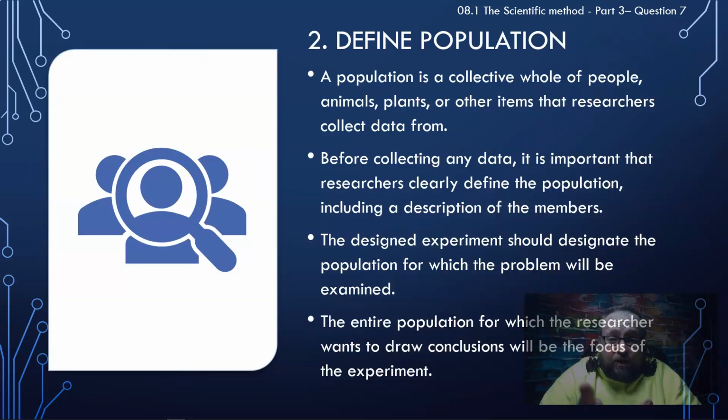And that's what comes to this next step too, define the population. As part of that background research, you want to be looking into what is the population that you really care about. And remember here, population is a collective, not just of people, unless people are your subjects, then yeah, but it could be animals, plants, items, stones, whatever is the key thing you're actually looking at, and realizing what the key population is.